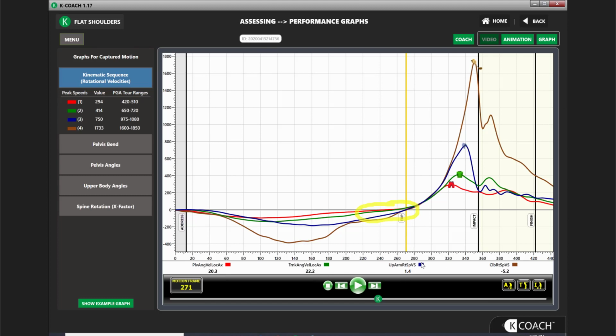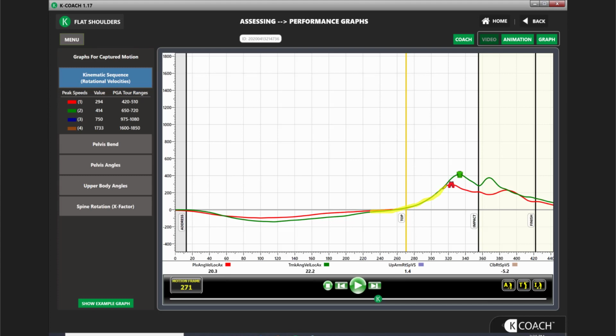If I take off the arm and take off the club, if we look here, not only were they together when they crossed, but you can see that both of these lines are right on top of one another all the way past the middle of the downswing.